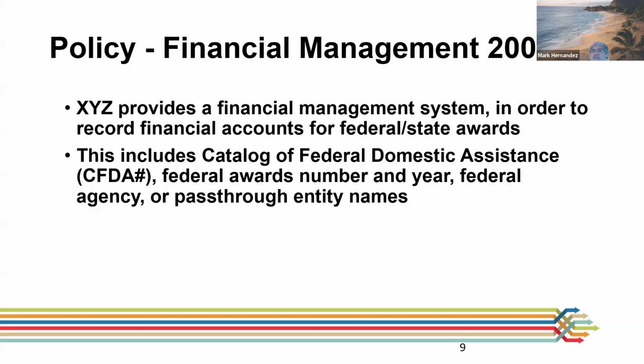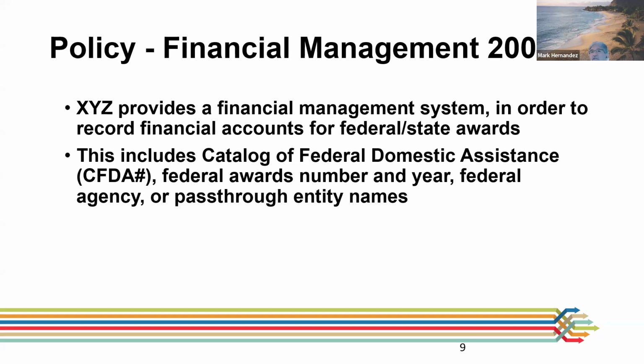In this situation, the policy for financial management is that you have a good financial management system that can record your awards. So your federal, state awards, things that you would need in your, let's say, QuickBooks, other things like that.